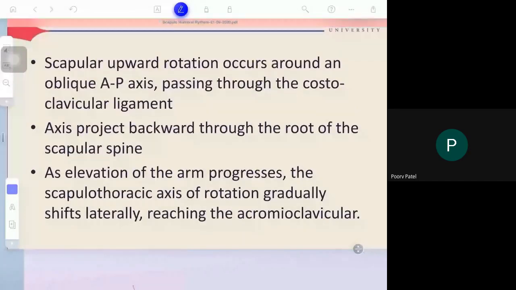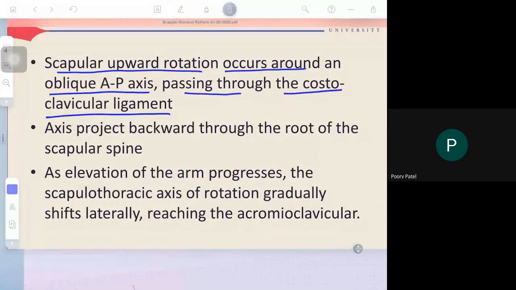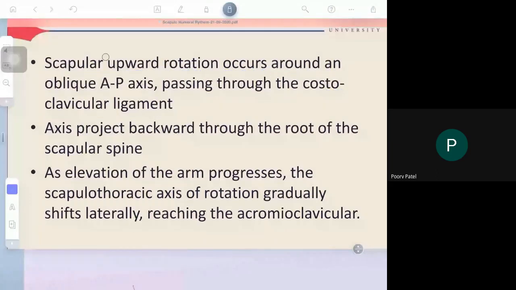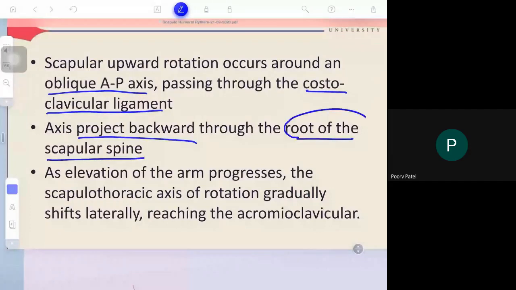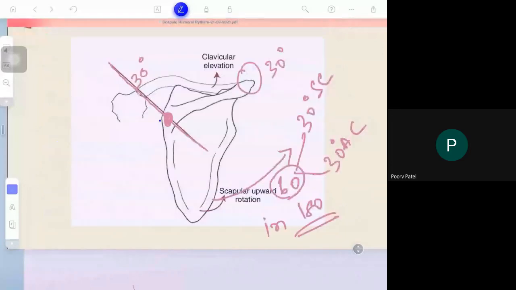Scapular upward rotation occurs around an oblique axis passing through the costoclavicular ligament. This I have explained just now. The axis is oblique and it passes through the costoclavicular ligament. The axis projects backward through the root of the scapular spine. So where is the root of the scapular spine? This is called the root of the scapular spine. Here.